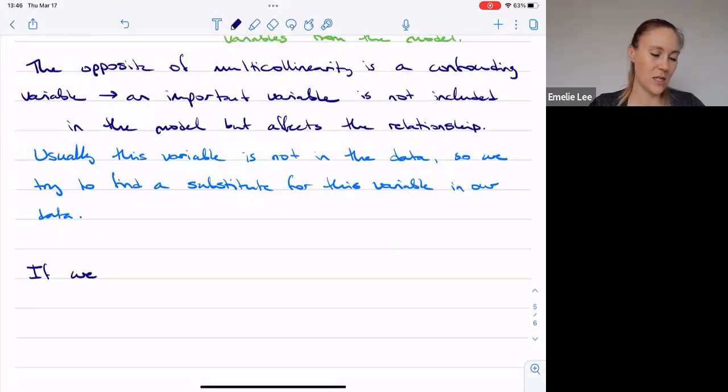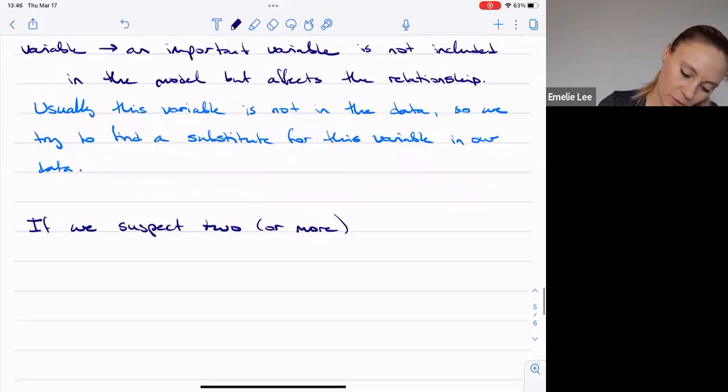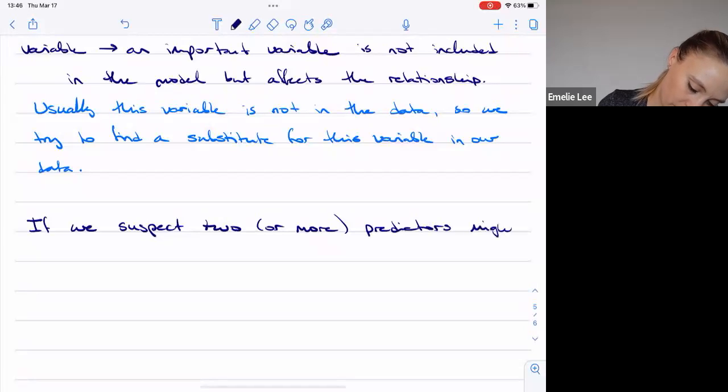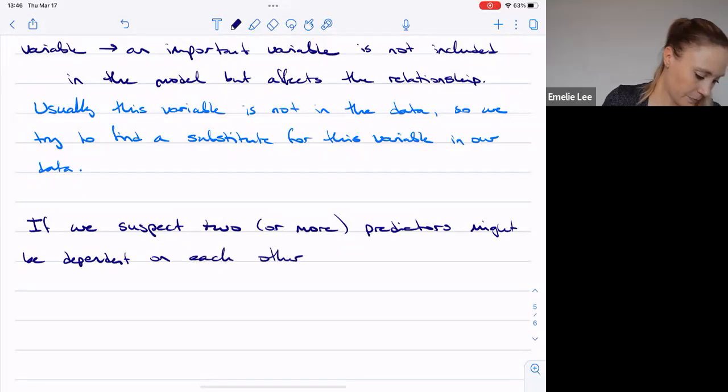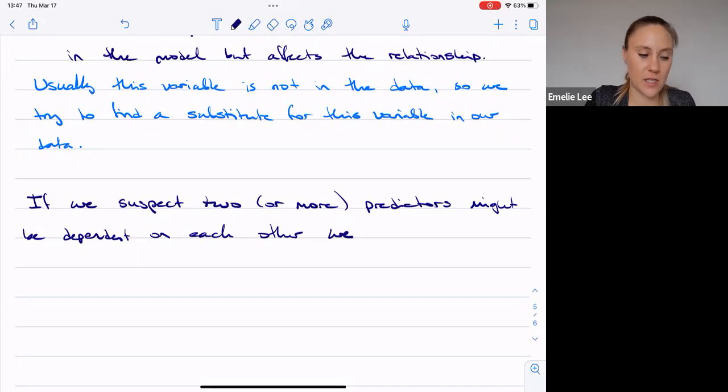If we suspect that two or more, there could be more than two, but let's just focus on two, two or more predictors might be dependent on each other, we can include the interaction effect.